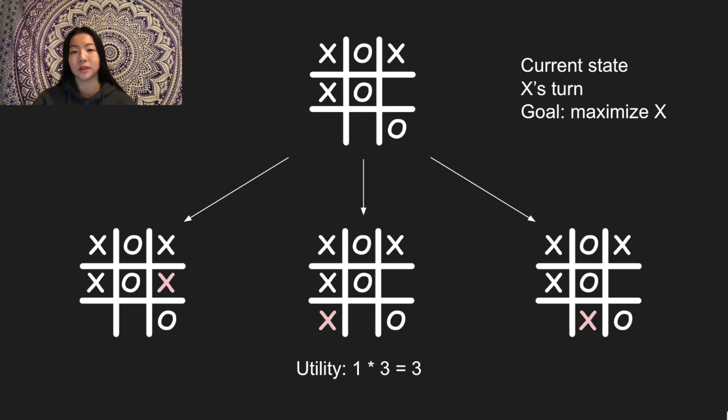Now let's talk about this utility function for a little bit. Since we want to win, we want our utility to be positive since this is a positive value to us. Now, in addition, I have this factor of 3 because I want to win in as few steps as possible. So how I got this number is I took the remaining squares on the board and added 1, so that if you did win, you still ended up with a positive value and not 0.